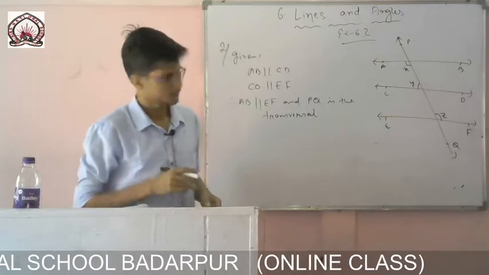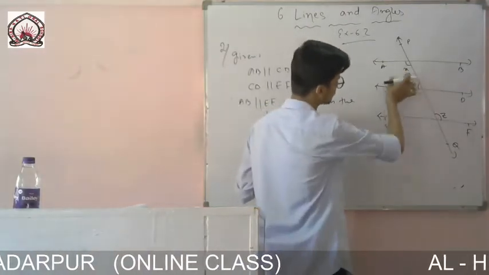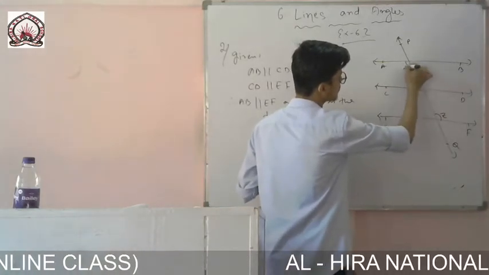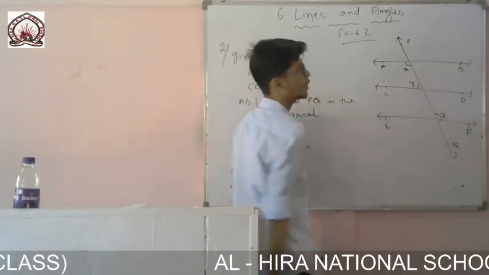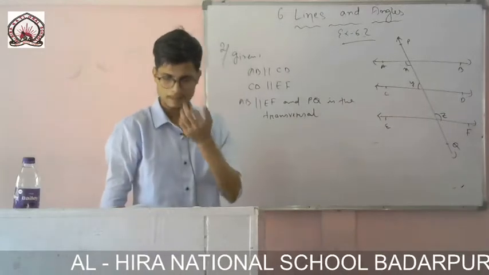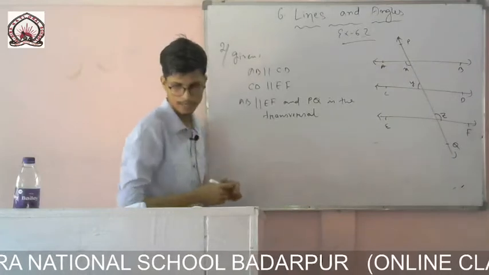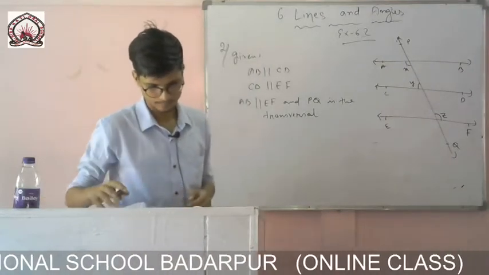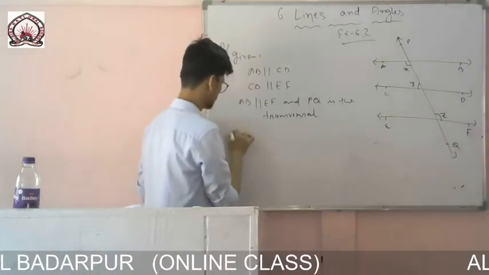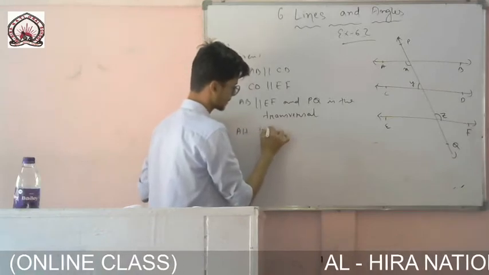So you see here, if I take these two lines, AB parallel to EF, and forget about this one, then these two are alternate interior angles, and alternate interior angles are equal.